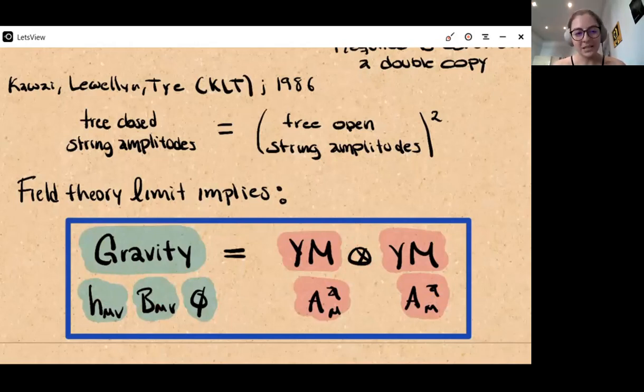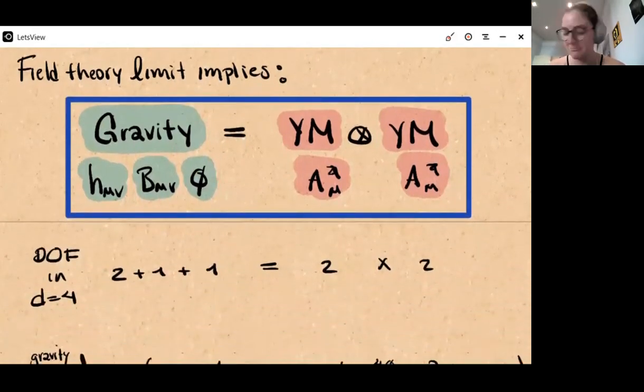But gravity, I mean, we're saying this is the low energy limit of string theory. So it's not only your graviton, we have a Kalb-Ramond field and we have a dilaton. So just so you understand intuitively why you want this, if you go to d equals 4 and you check your degrees of freedom, you grab your graviton, you have 2 degrees of freedom.